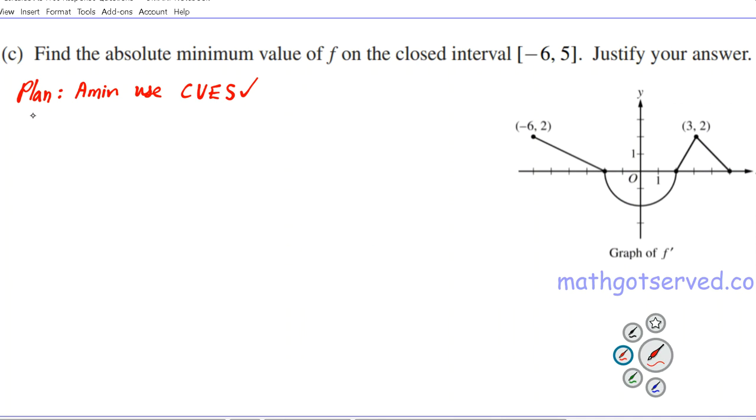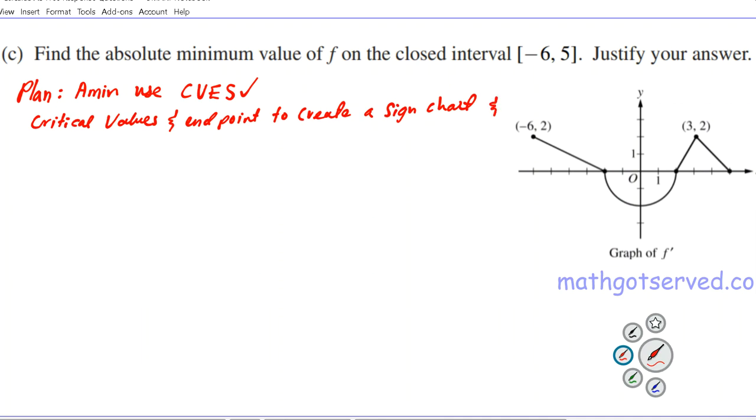So we're going to use critical values and endpoints to create a sign chart, and check.